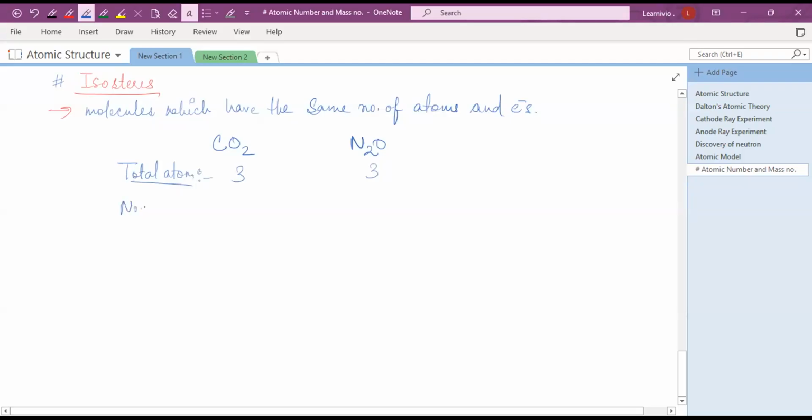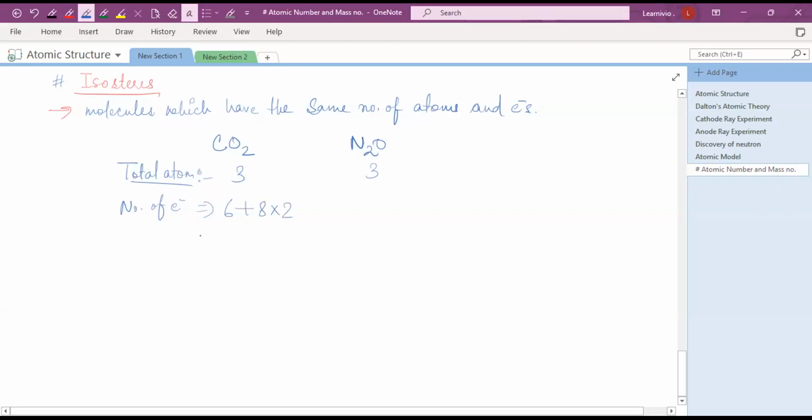Now find the number of electrons. Atomic number of carbon is 6, so the number of electrons will be 6 in carbon, plus the oxygen atomic number is 8, so the number of electrons will be 8 in oxygen, but here 2 oxygens are there.